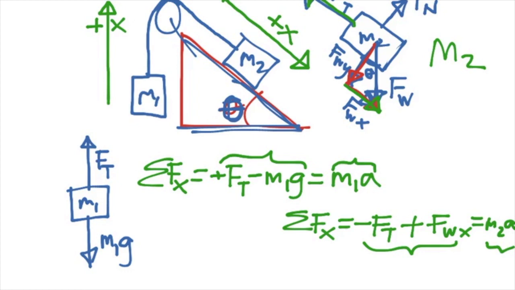So typical in these problems when we have masses connected by a tensile element like a string or a cord, probably the easiest way to do this is to use this system of equations. This guy from mass 1 and this guy from mass 2. Solve each for Ft so that I can substitute directly.